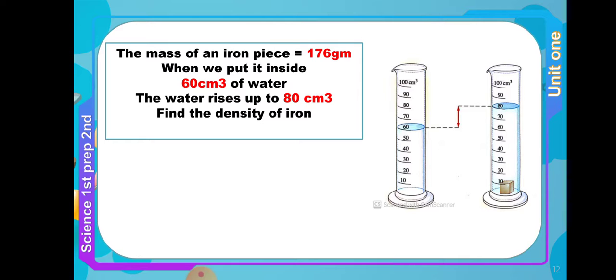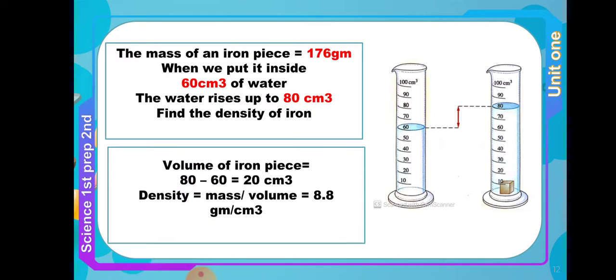Let's take an example. The mass of an iron piece equals 176 gram. When we put it inside 60 cubic centimeter of water, the water rises up to 80 cubic centimeter. Find the density of the iron.